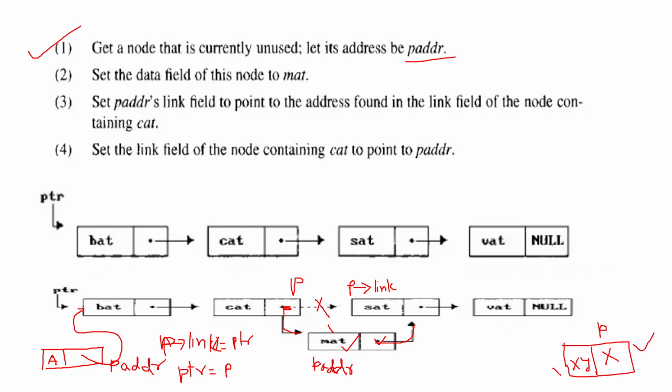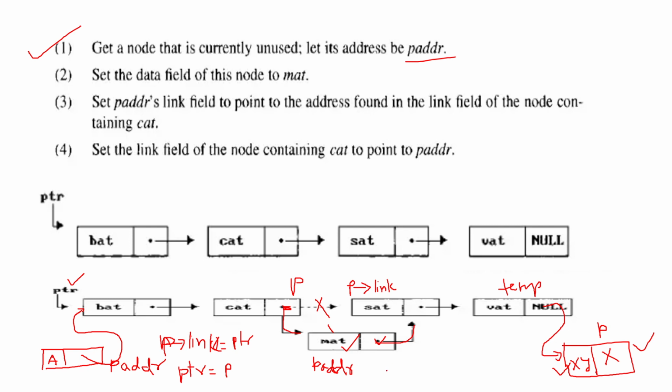Second step is set the link data. Third step, traverse and reach to the last node. Right now, assume that you have reached this node. I will be taking that temporary pointer as temp. Header is here only. Then I have to link. I have to hold the address of P here. How? Temp of link equal to P.